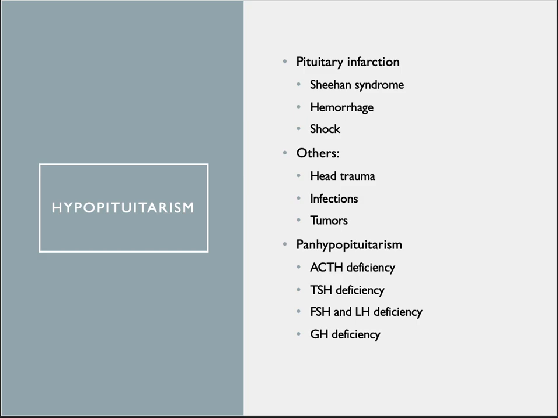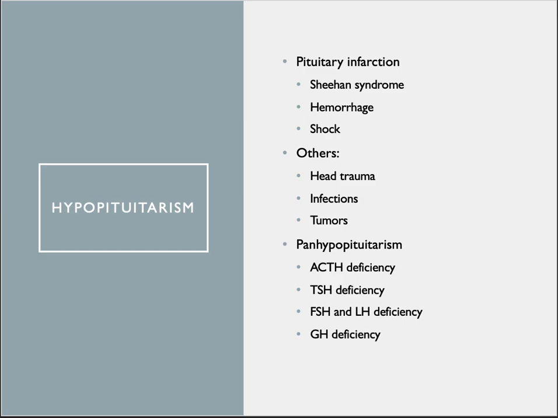So how can this happen? There's a couple of different ways. If the patient is hemorrhaging and the blood pressure gets really, really low, or the patient's in shock and the blood pressure gets really, really low, both of those, with the lack of blood flow to the brain and the lack of blood flow to the pituitary gland, can actually then cause the pituitary gland to infarct or die, just like a myocardial infarction.